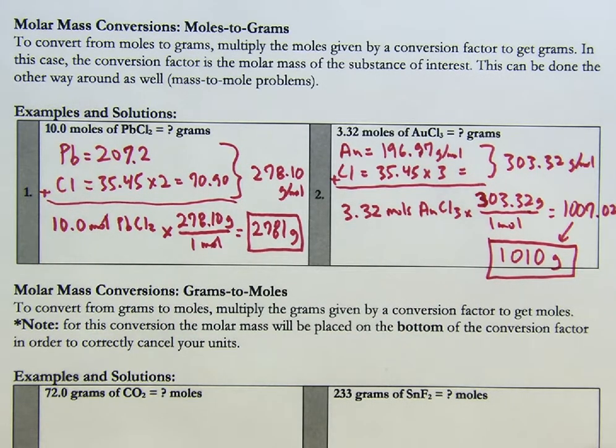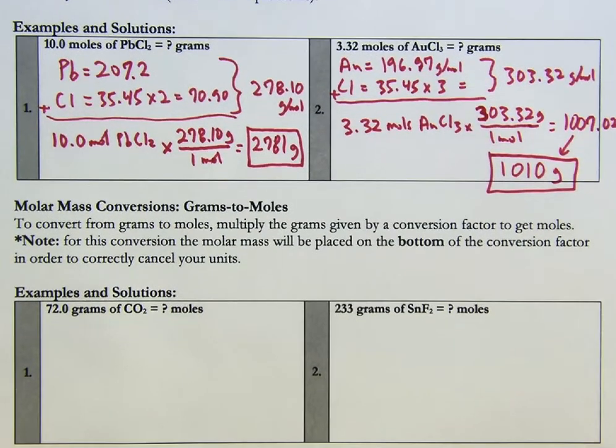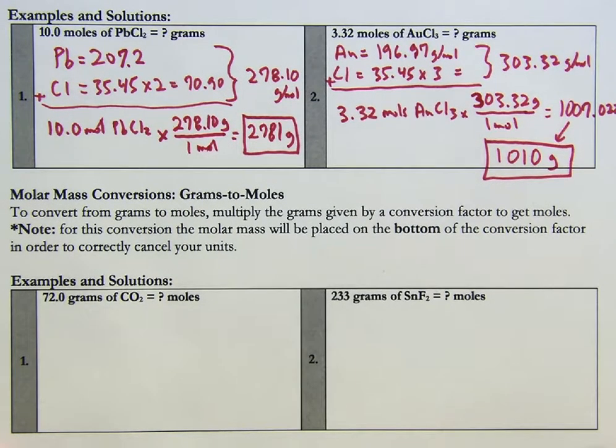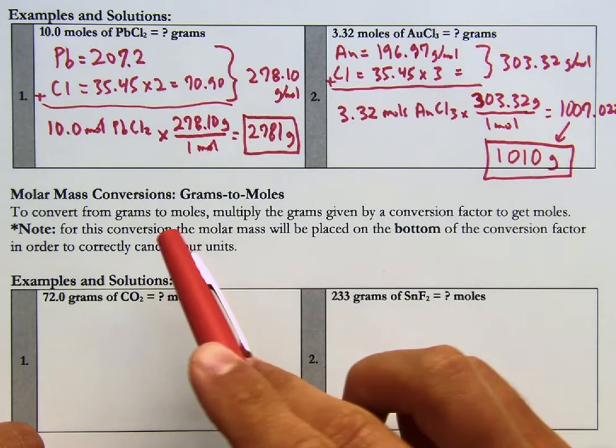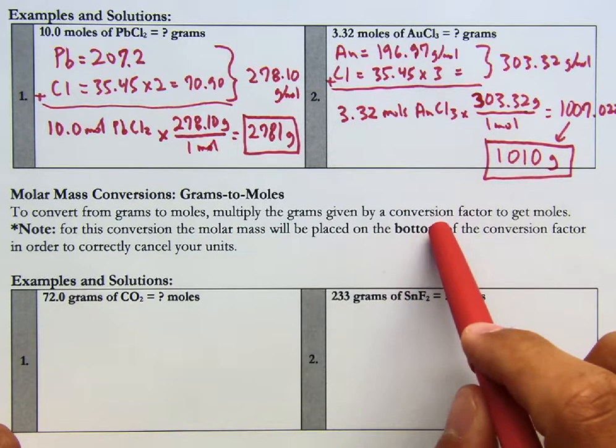Now we're going to do the other way around, and hopefully you could anticipate what kind of math you have to do if you want to go the other way around. So here you're going from grams to moles. To go from grams to moles, you're going to be multiplying the grams given by the conversion factor.